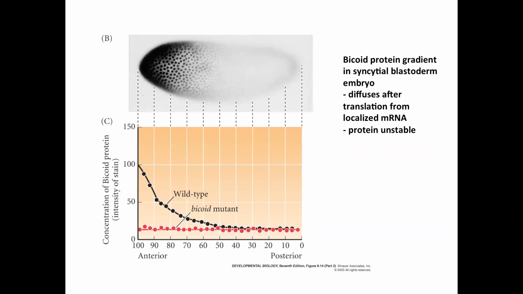So it is the translation of the mRNA into protein that then diffuses to give rise to this gradient.